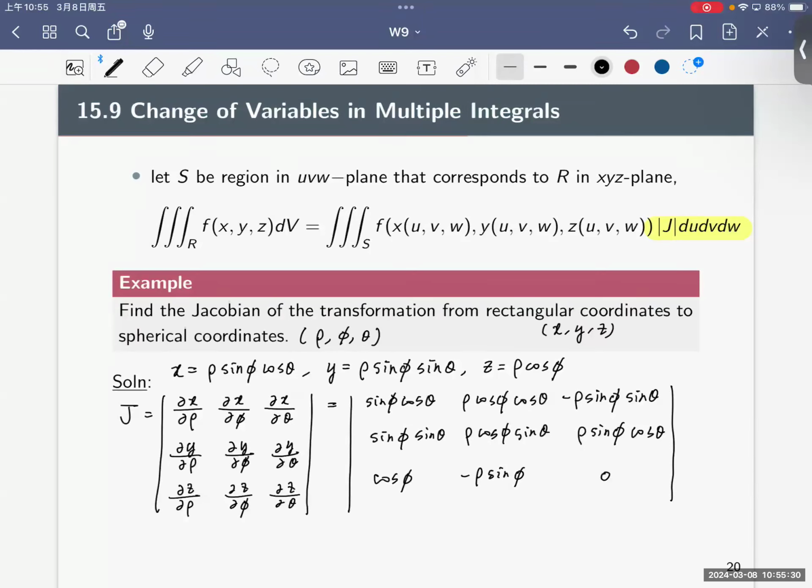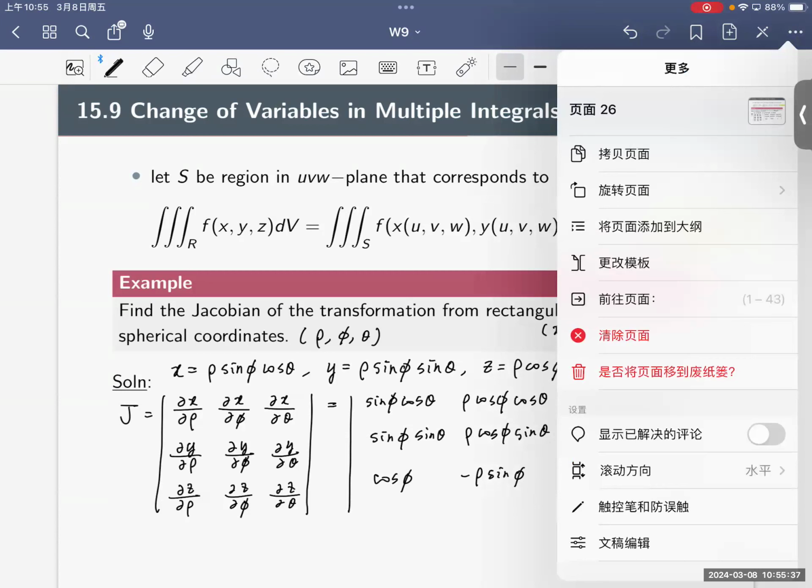So now I need to find the value of this third order determinant. Let me add a new slide, I'm running out of space here.